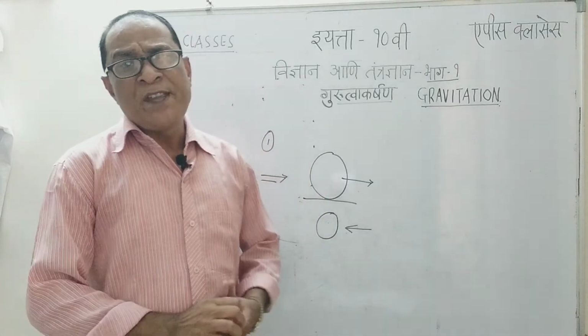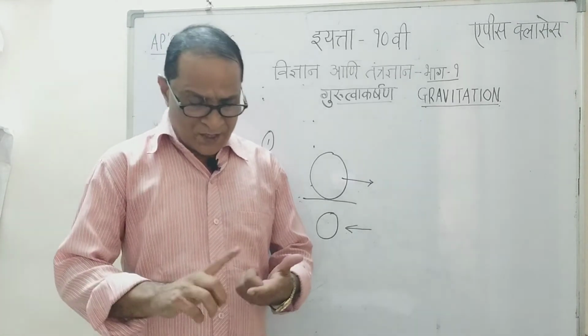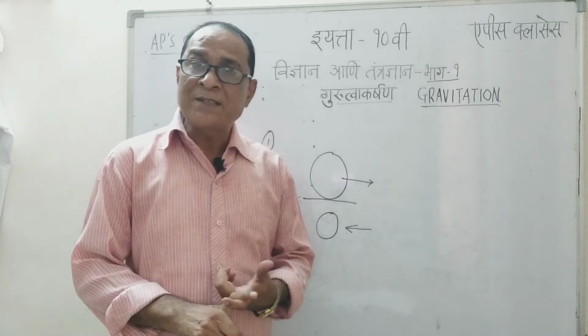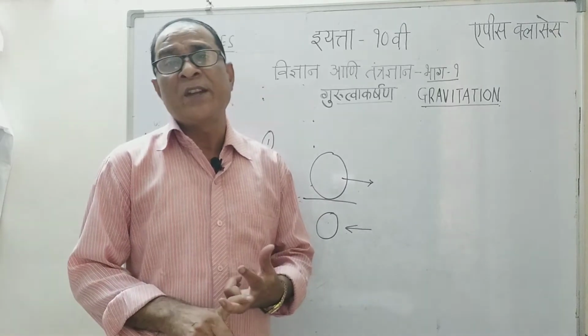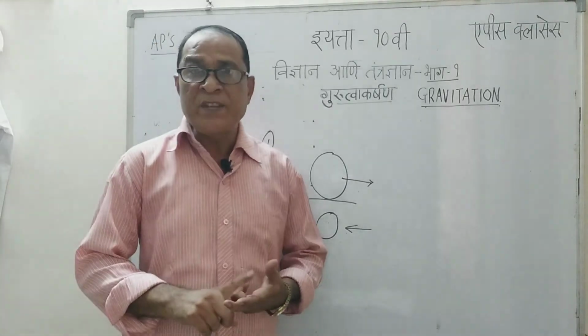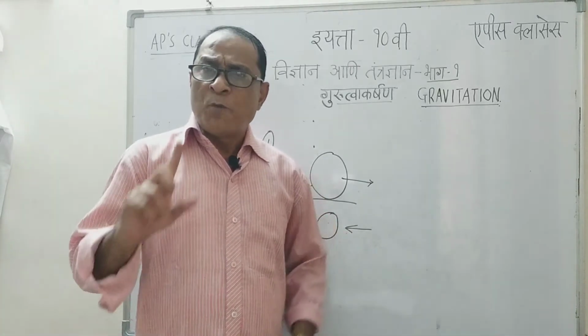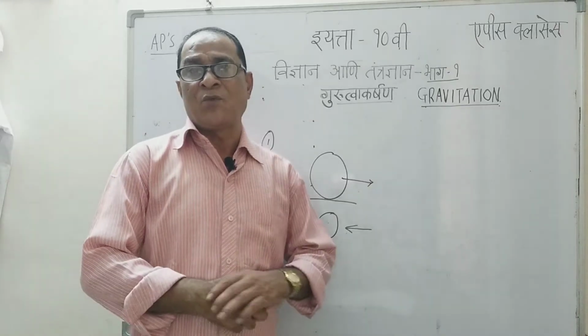Dear friends, what we have seen so far is what force is, which are the forces, and what is the effect of forces on an object. Among that, you must have studied the centripetal force.